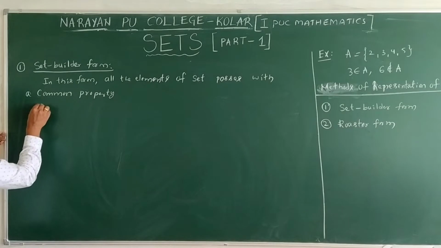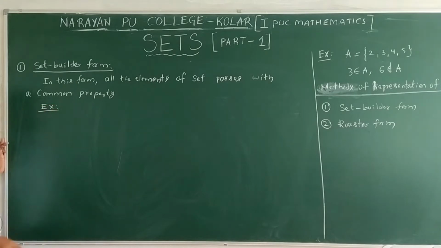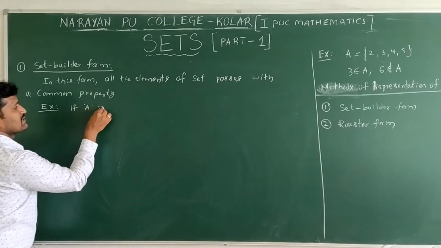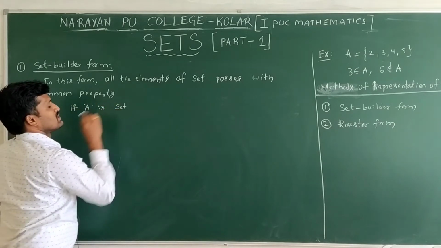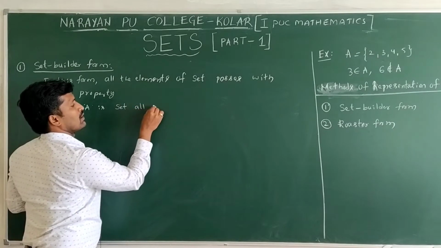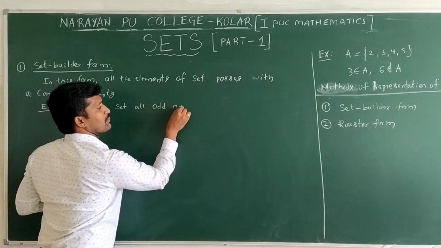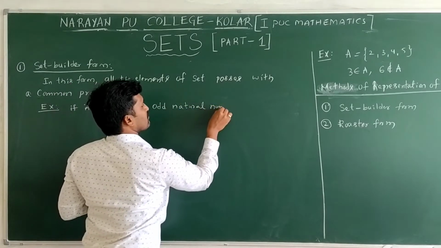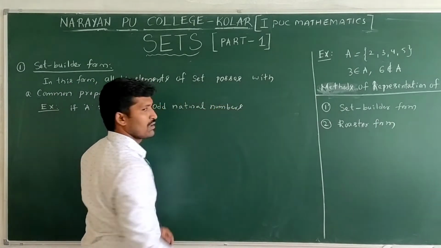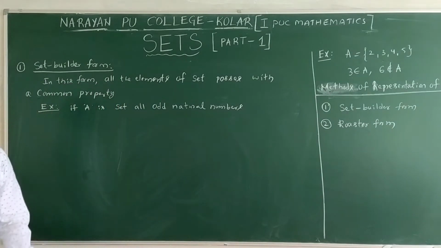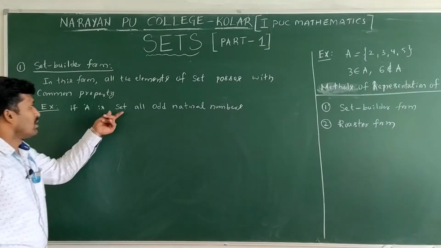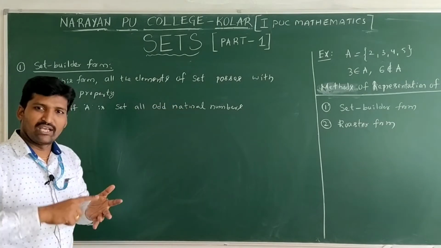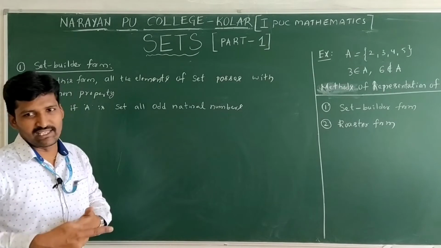For example, set A is given. If A is the set of all odd natural numbers, generally what you take is 1, 3, 5, 7, 9 like that.